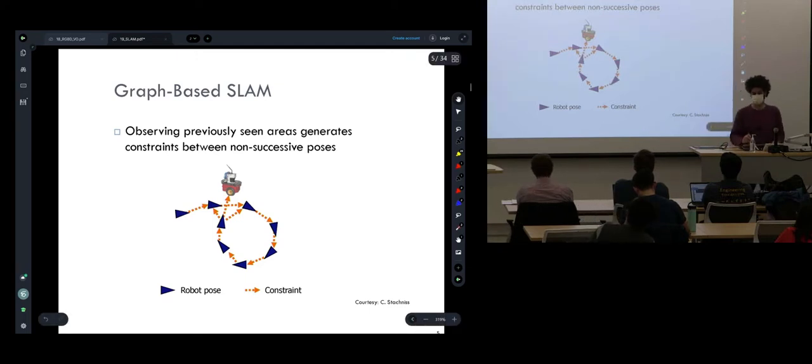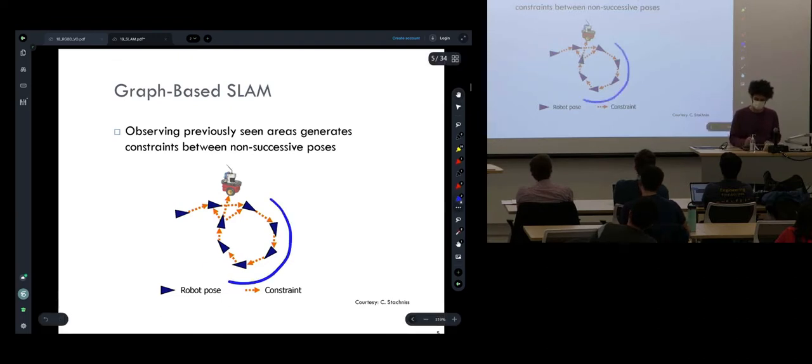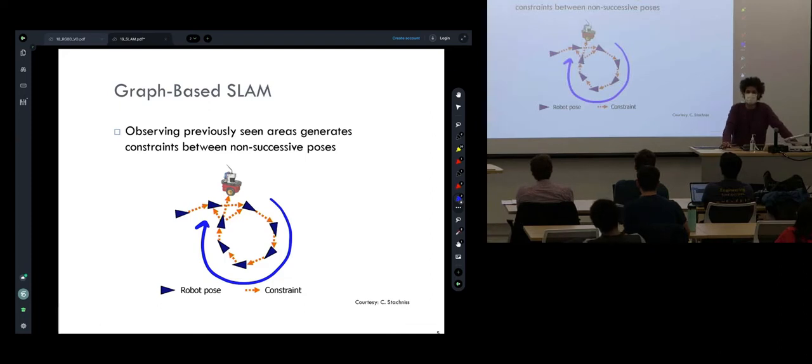However, if the robot revisits, for example, it is coming back to the same area, and you have a way to recognize and establish constraints between previously visited areas or nodes in the graph, we get a special type of constraints.